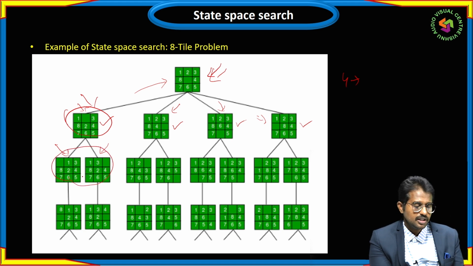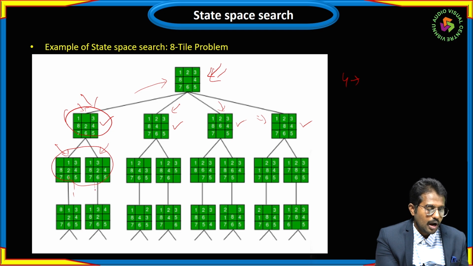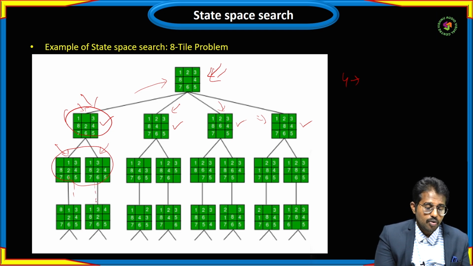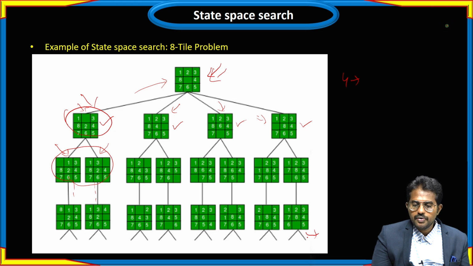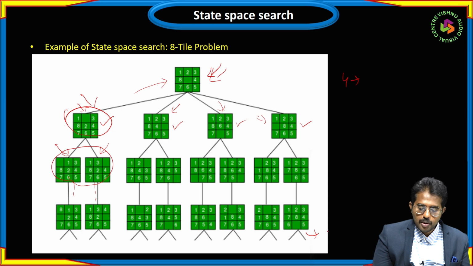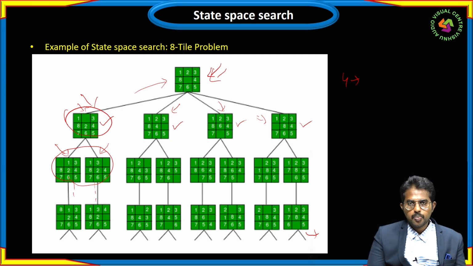Similarly, this process will continue until we have reached our goal state. Whatever the goal state in the problem is, they will give some goal state, and until we reach it, this process will continue. If a solution for the particular problem exists, the state space search algorithm is guaranteed to find it, but it will take some time.